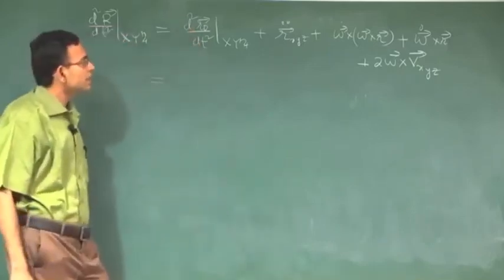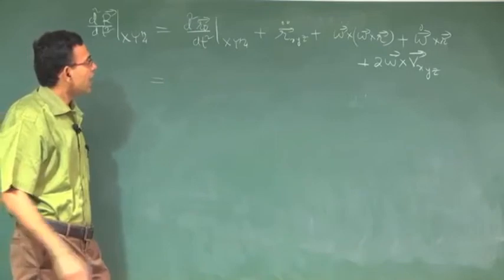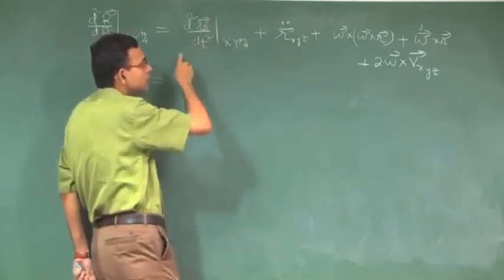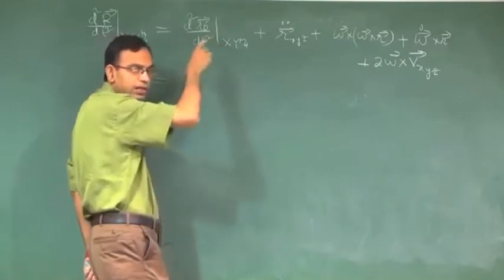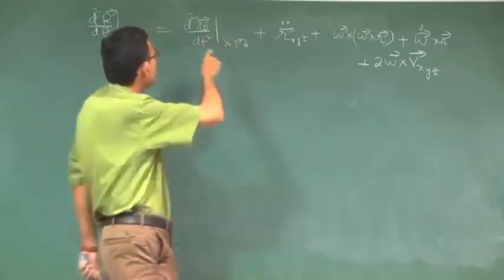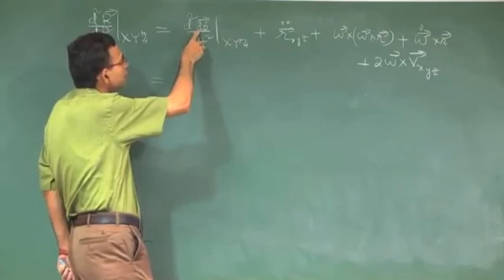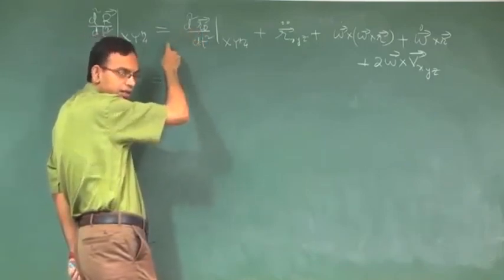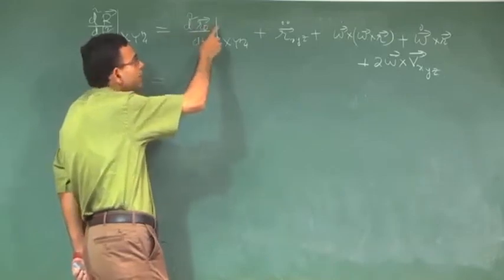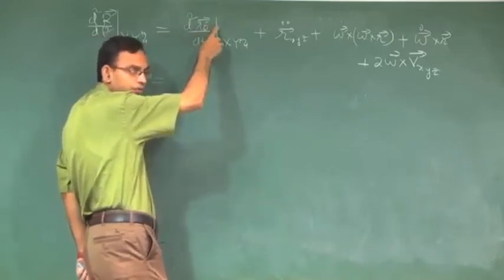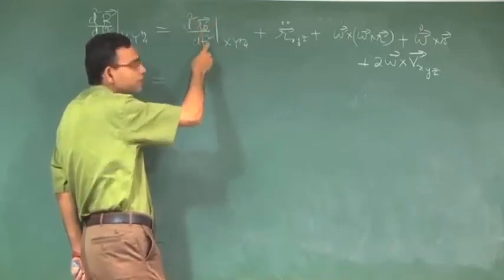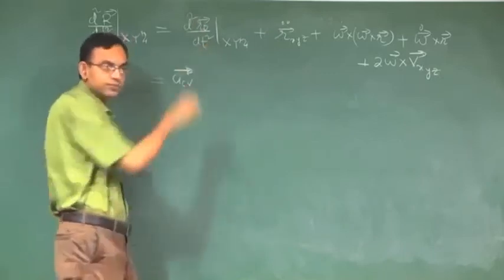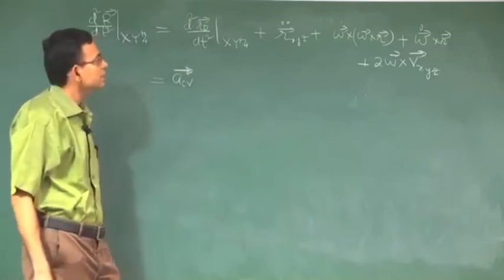This is nothing but the acceleration of the control volume, acceleration of small xyz, because r naught is the vector that connects the origin of the inner stationary frame to the origin of the moving frame. So its second derivative with respect to time is the acceleration of the control volume itself, linear acceleration.